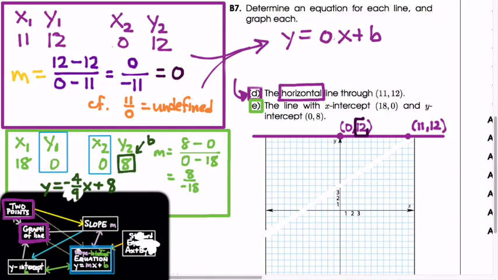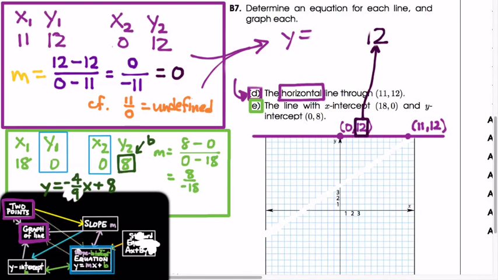It's already there. That was the benefit in choosing (0, 12) as my other point. Choosing (0, 12) as my other point tells me that my y-intercept b is really what number? 12. And so to finish my equation, all I should do now is probably simplify. What's a simpler way to write 0x plus 12? Yeah, 0x is equal to 0, so we can just get rid of that term and get y equals 12.